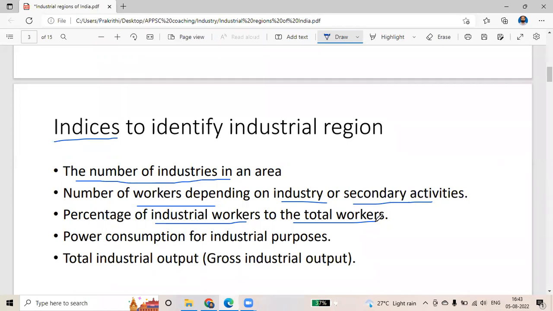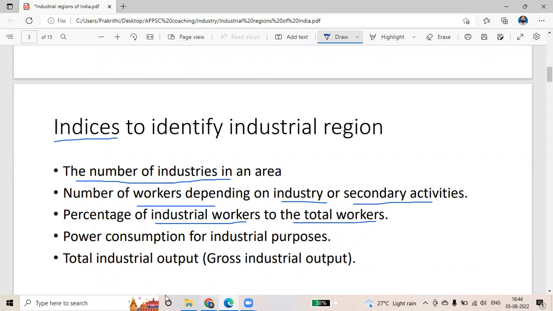So they need services like medical services, educational services, markets, commercial areas. So there are market areas, schools, hospitals, and working force who are serving these industrial workers. To identify an industrial region, the industrial workers who are directly working in the industrial region should be dominating in that region.